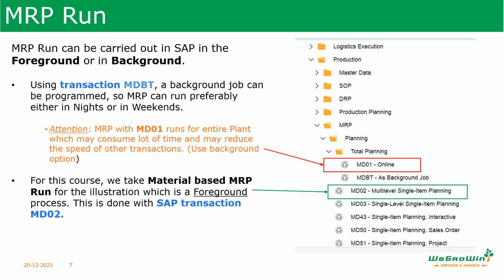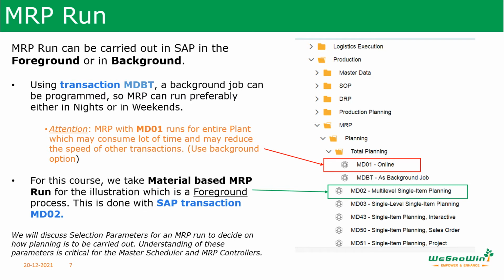And there is MD02. To do some selection parameters, how they are running, we will use this transaction MD02 in the foreground process. This is a material based MRP run, MD02. We will discuss various selection parameters for the MRP run to decide how planning is to be carried out.